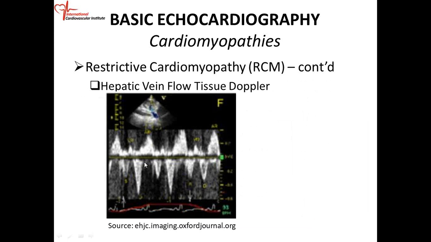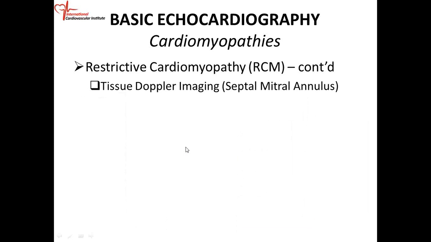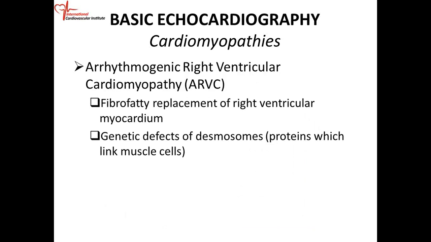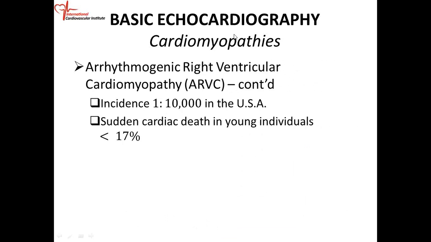Again, with inspiration, you get your increase in your atrial flow reversal. All right. So we're going to stop here. Then the next topic is arrhythmogenic right ventricular hypertrophy, but we're going to stop here.